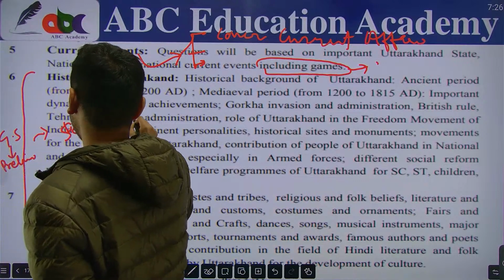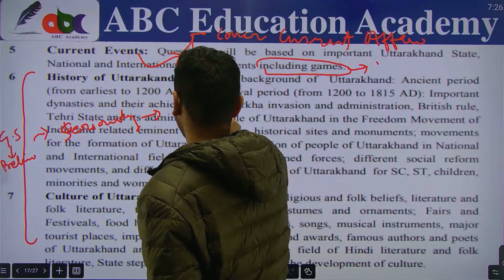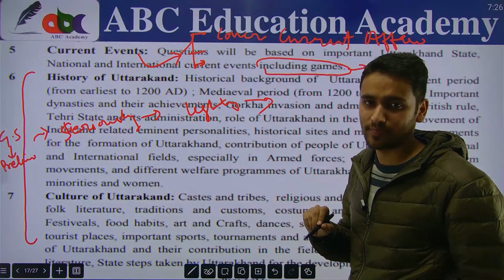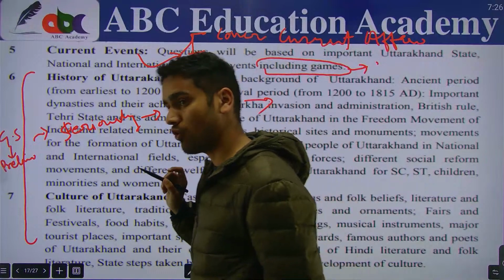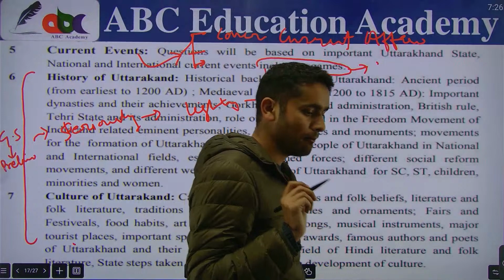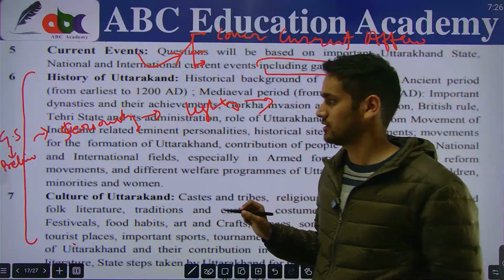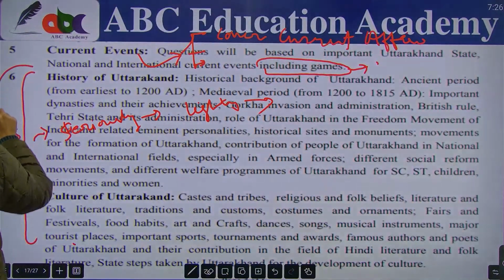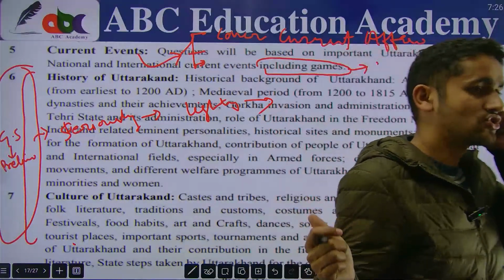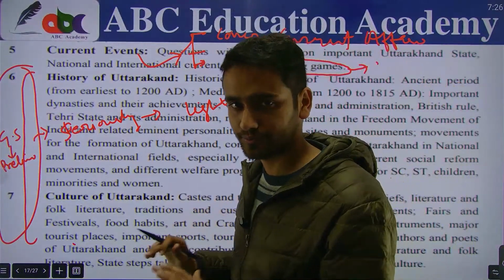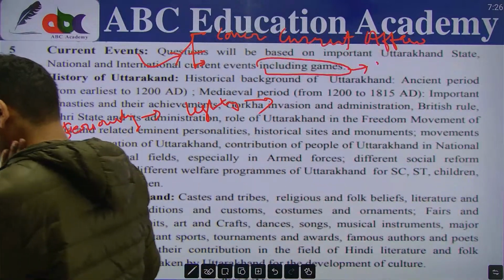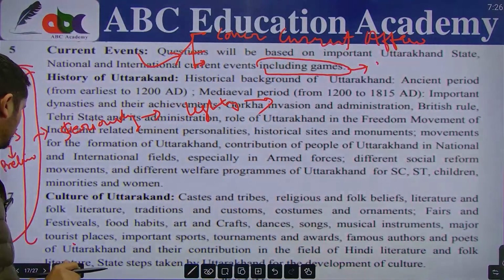They take it very lightly. That's why they are not able to crack this examination. So if you want to get a seat in Uttarakhand, this is a humble request: please have a command over the Uttarakhand area, whether that is Uttarakhand geography, history, polity, or economy. If you do not cover these topics, it is next to impossible you will get through this exam.